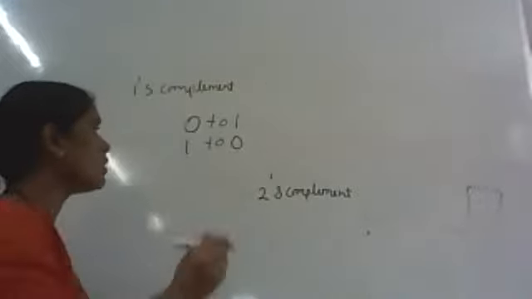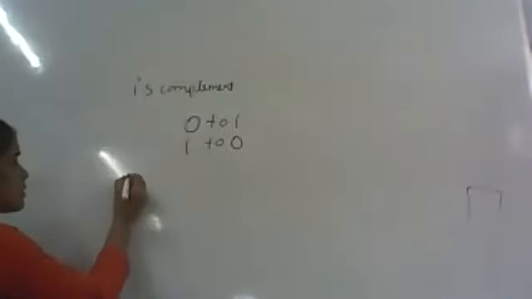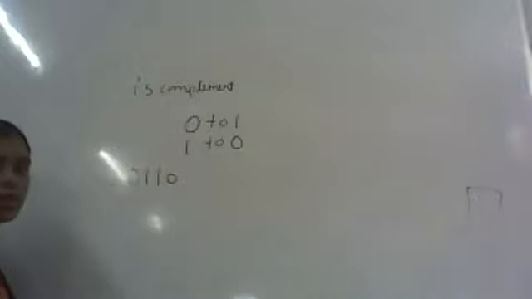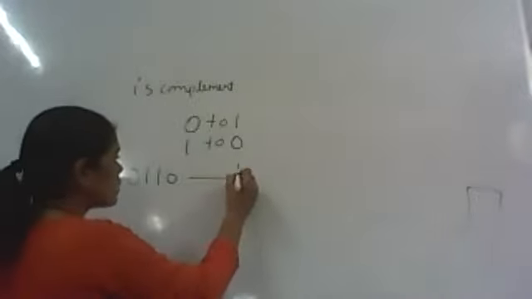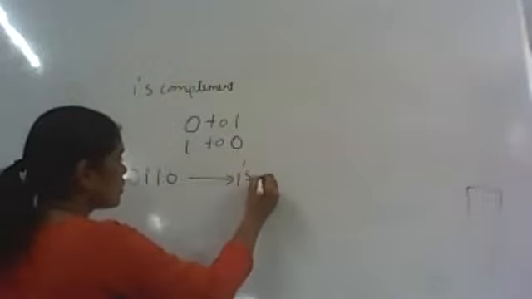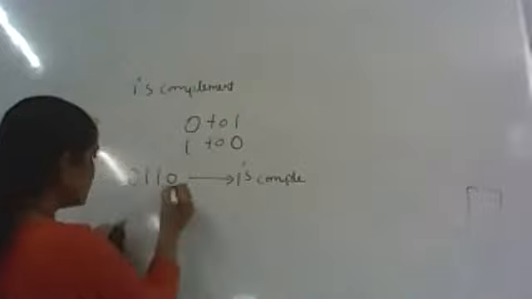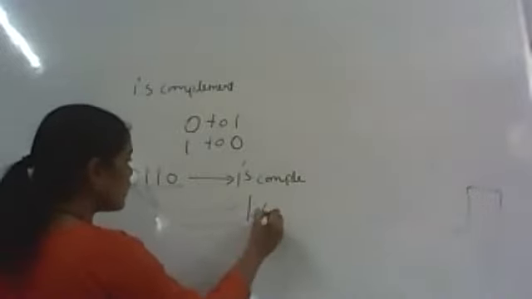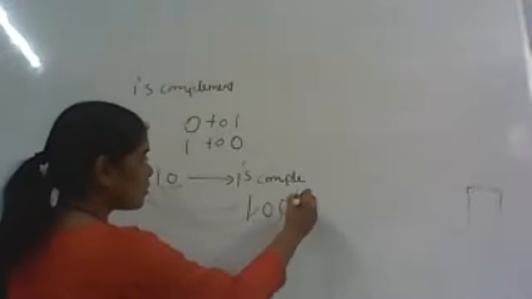For example, see here, the binary number 0 1 1 0. The 1's complement of this binary number is, 0 replaced by 1, 1 replaced by 0, so 1 0 0 1.